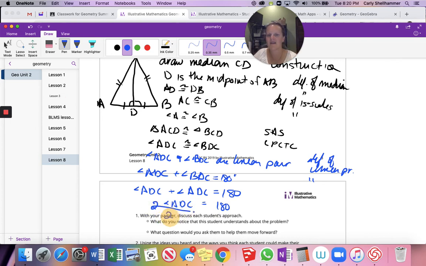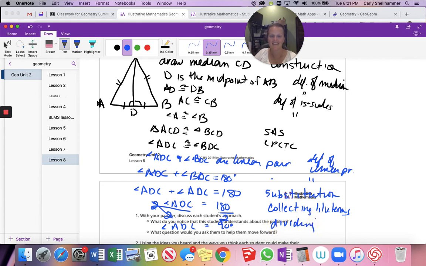Now I can divide both sides by 2, and ADC is 90 degrees. This reason right here is linear pair. This reason is substitution. Then I'm collecting like terms, and then I'm dividing.